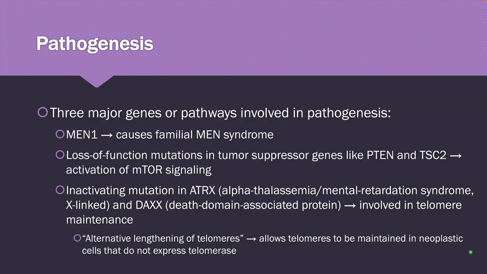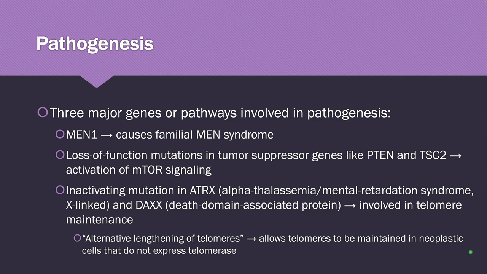Now, for the pathogenesis of these tumors, there are three major genes or pathways involved. One would be your multiple endocrine neoplasia, like MEN1. So we'll be discussing the familial syndromes later. Then you may have loss of function mutations in tumor suppressor genes like PTEN and TSC2.